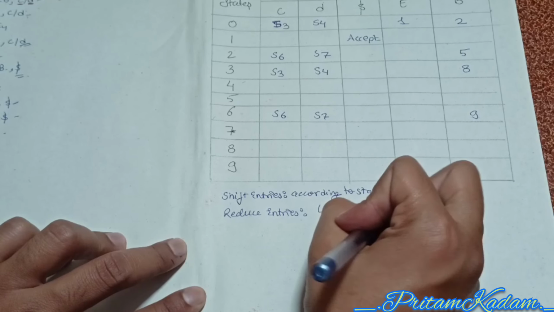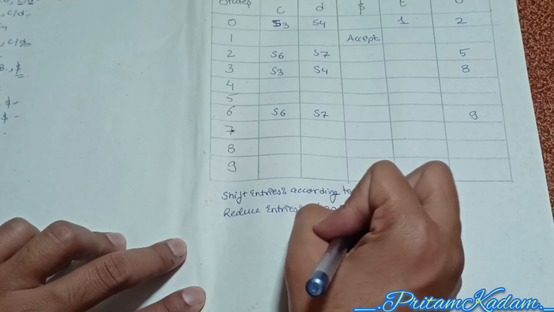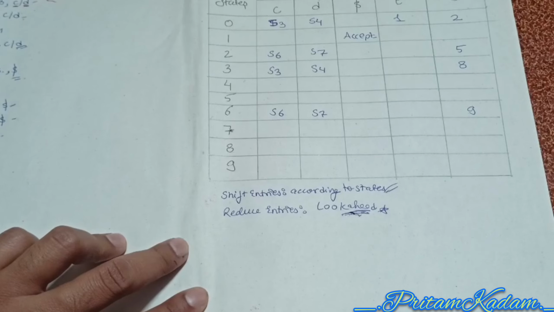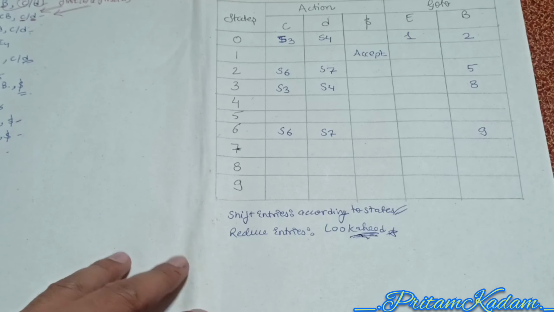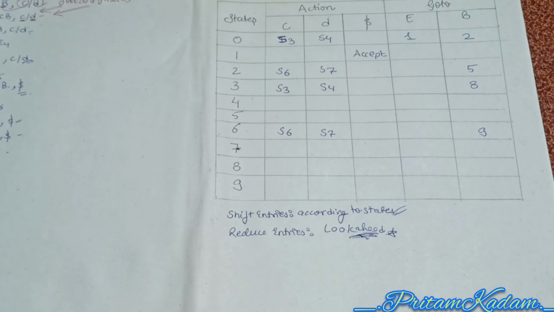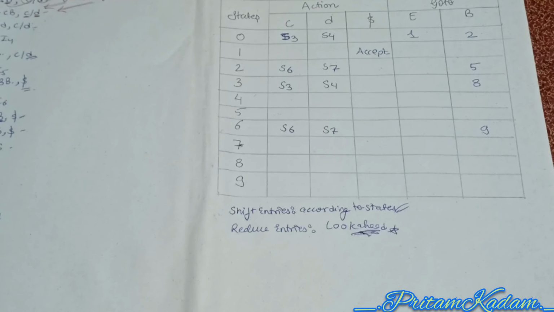CLR is different from SLR because of this only, because of this look ahead. Okay. So now, first of all, we will see which productions are completed in the states, and then according to it, we will name it R1, R2, R3, and then we will fill that R1, R2, R3 in the CLR parsing table. Okay. So let us go ahead.